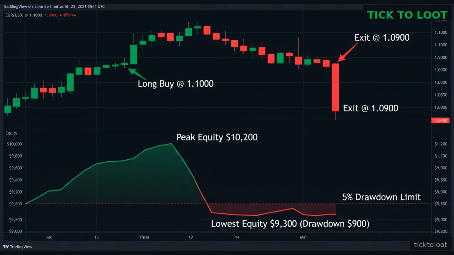The visual cue of the red line acts like a traffic sign that says slow down or stop. It tells you when you've entered dangerous territory. This visual method helps you react quickly, prevents emotions from taking over, and keeps your trading account from taking a hit larger than you're comfortable with.